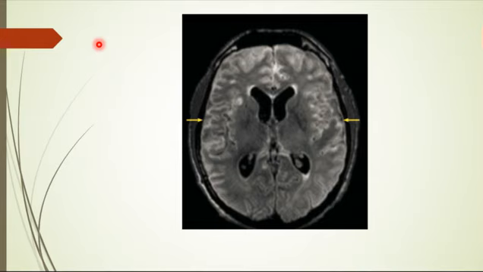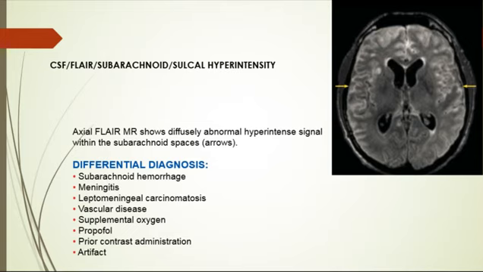Come on, count them. Subarachnoid hemorrhage. Infection like what? Meningitis. Leptomeningeal carcinomatosis. Vascular disease. Okay. What else? Is it called cortical something, this one? No, this is the subarachnoid or sulcal hyperintensity sign.